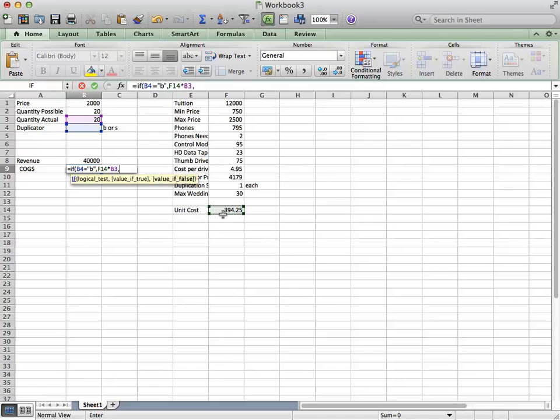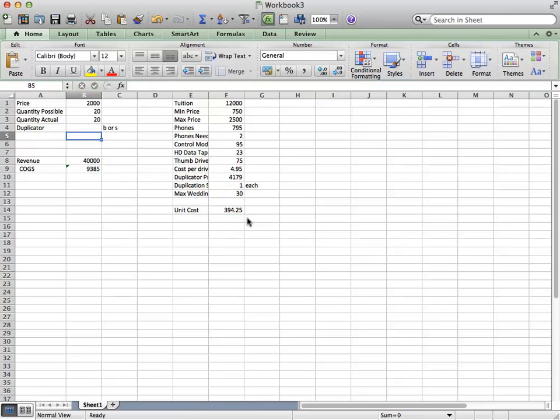Otherwise, it's equal to our unit cost plus 75 times the cost of duplicating each drive times our quantity actual.